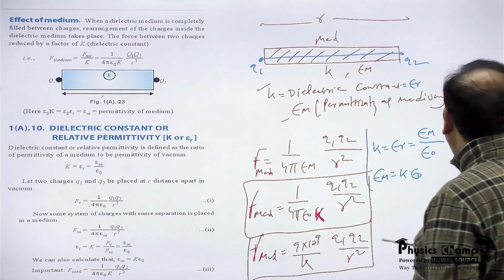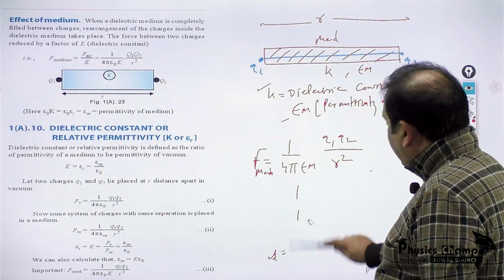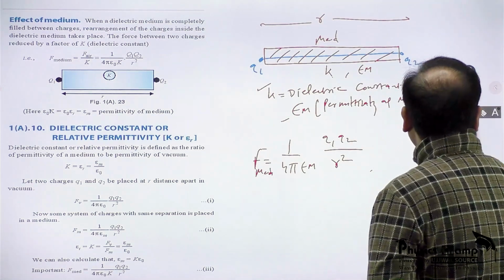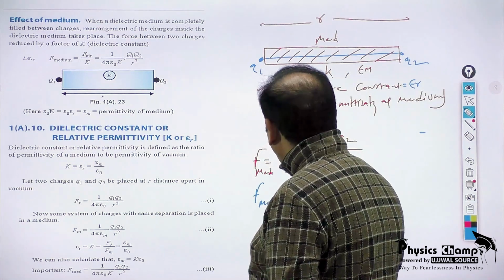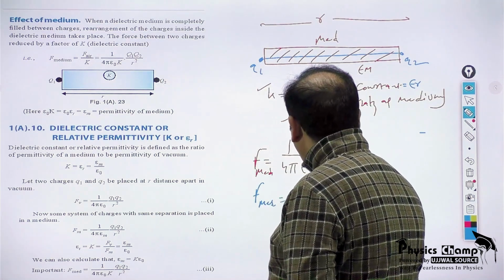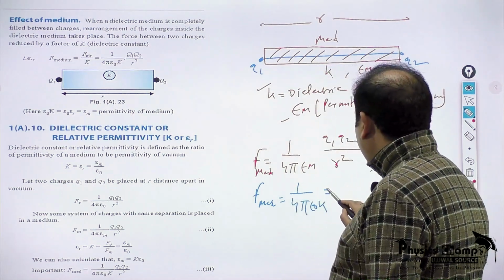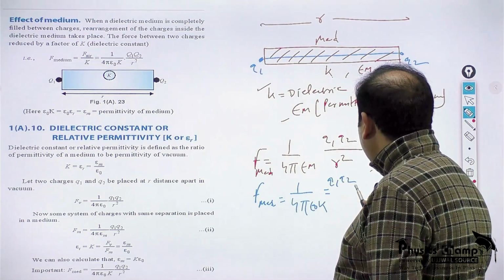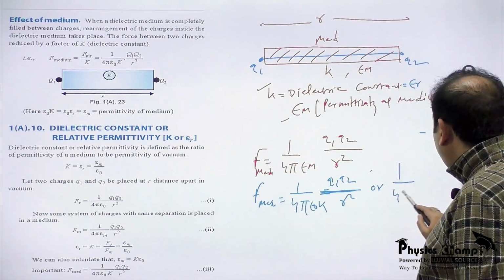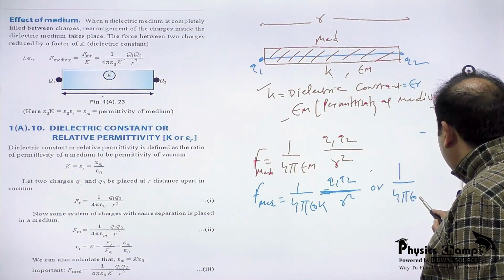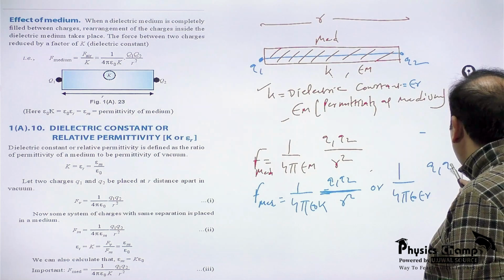So I can finally say, when there is a medium between the two charges, the force in the medium will be 1 by 4 pi epsilon naught K into q1 q2 by r square, or it is 1 by 4 pi epsilon naught into epsilon r, q1 q2 by r square.